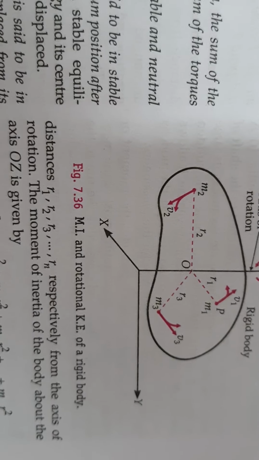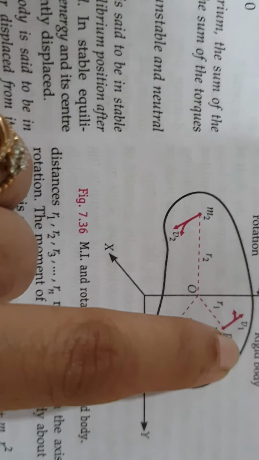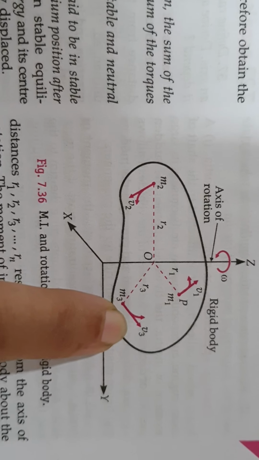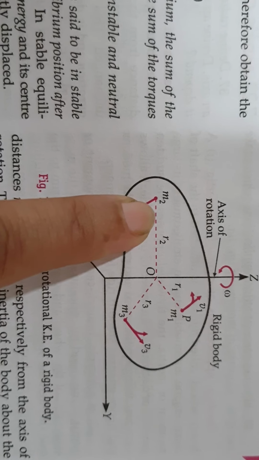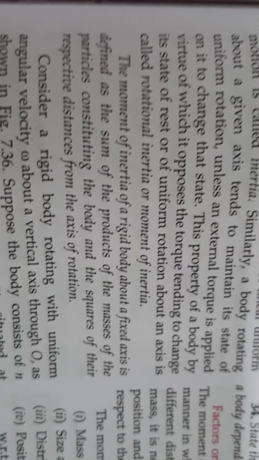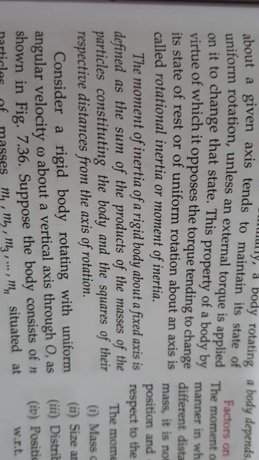These are the circular paths and these are the velocities v1, v2, v3. These particles are performing circular motion. r1, r2, r3 are perpendicular distances from the axis of rotation. So moment of inertia of a rigid body is defined as the sum of the product of masses of particles and the square of their perpendicular distances from the axis of rotation.